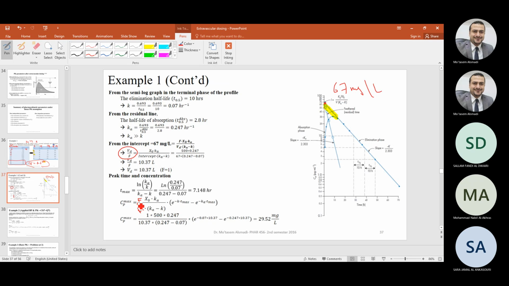And again, to emphasize the concept, if I change the dose, will the Tmax change? In this example, if I ask you to get the Cp max at a dose of 1000 rather than 500, what should you do?